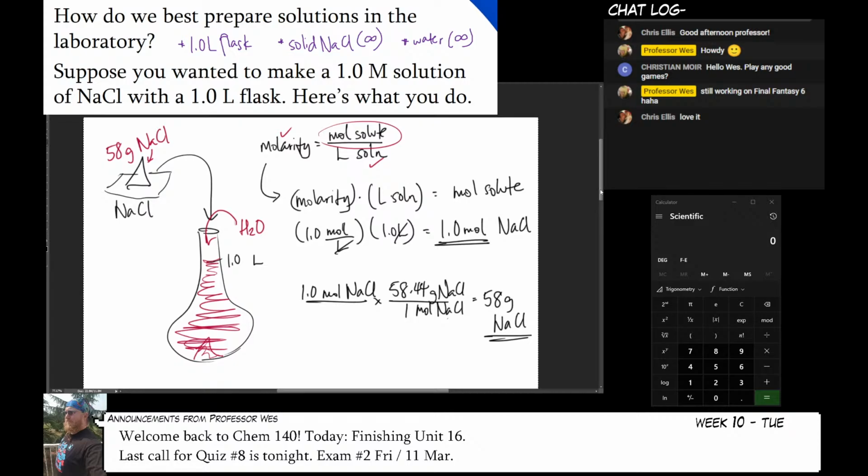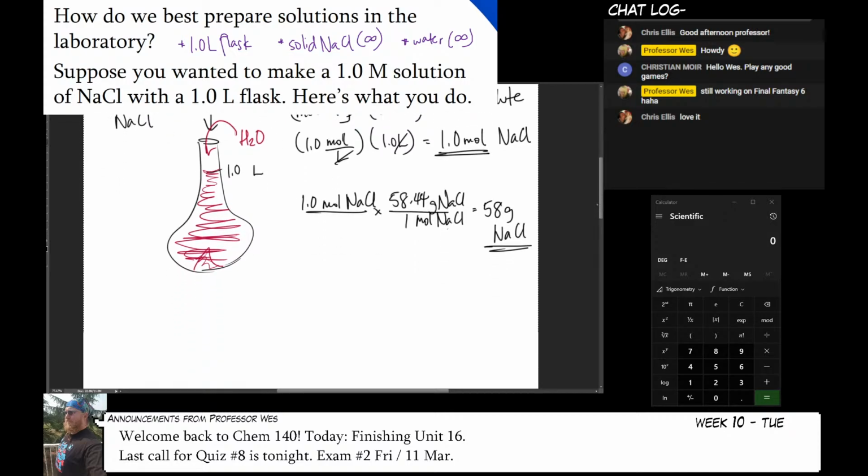So let's write down what we just did in a series of 3 steps. We're going to prepare a solution. Step 1, weigh out the amount of sodium chloride you need.